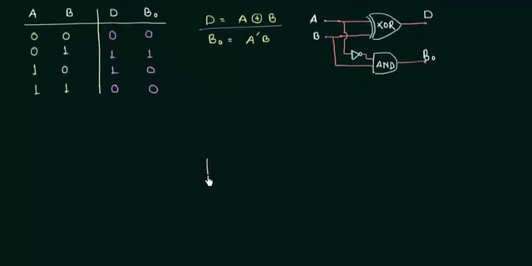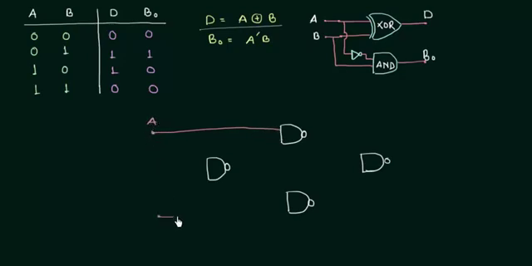You are going to require 4 NAND gates for implementing a single XOR gate. Now the first number is your A and the second number is your B. I will give A as one of the inputs to this NAND gate, and I will also give B as the second input to this 2 input NAND gate.